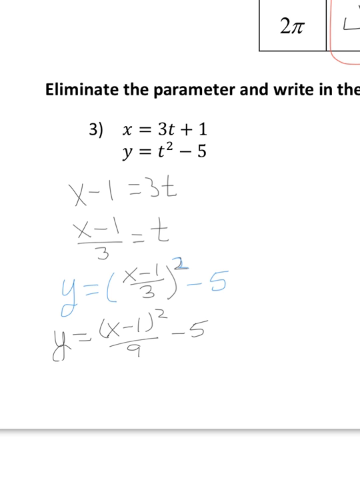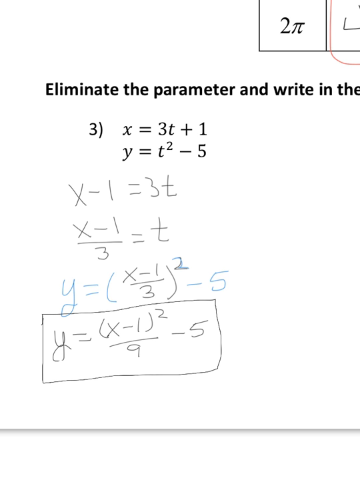And then the next step I did, I just simplified this a little bit. I went ahead and squared the top and the bottom, so I have x minus 1 squared over 9 minus 5. And I'm going to stop here, even though we could continue to simplify this, just to conserve some time. And we're just going to put a box right around that.